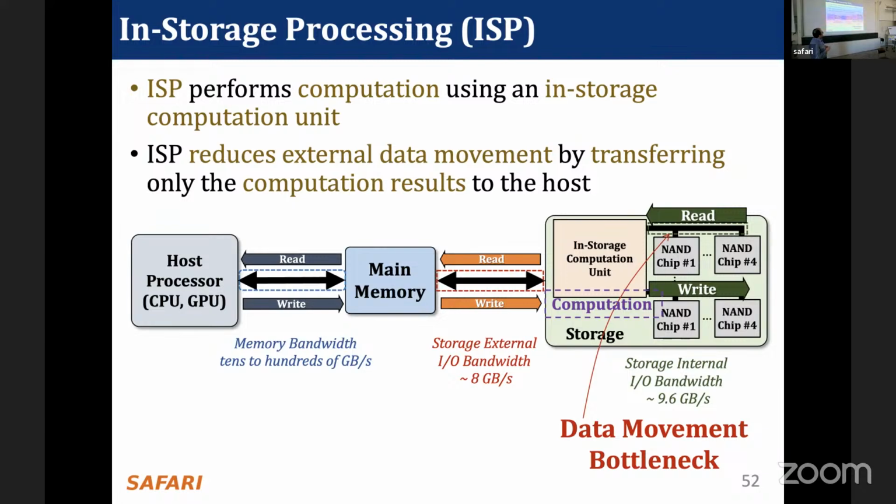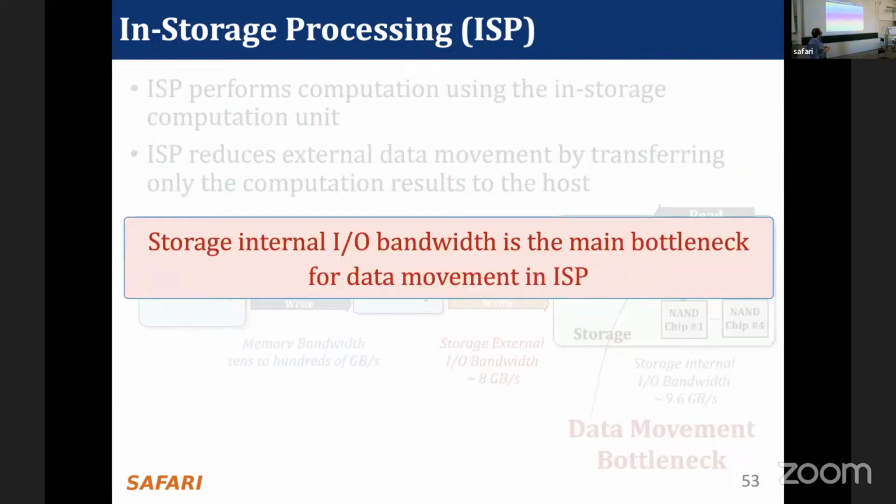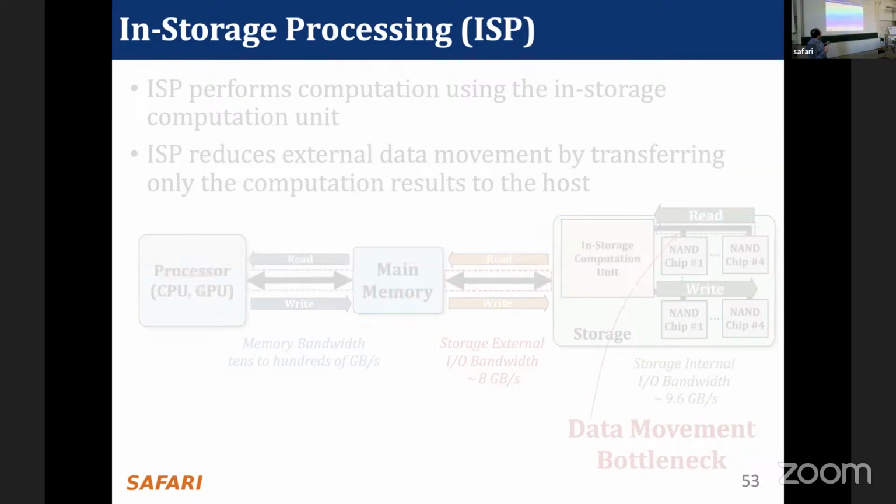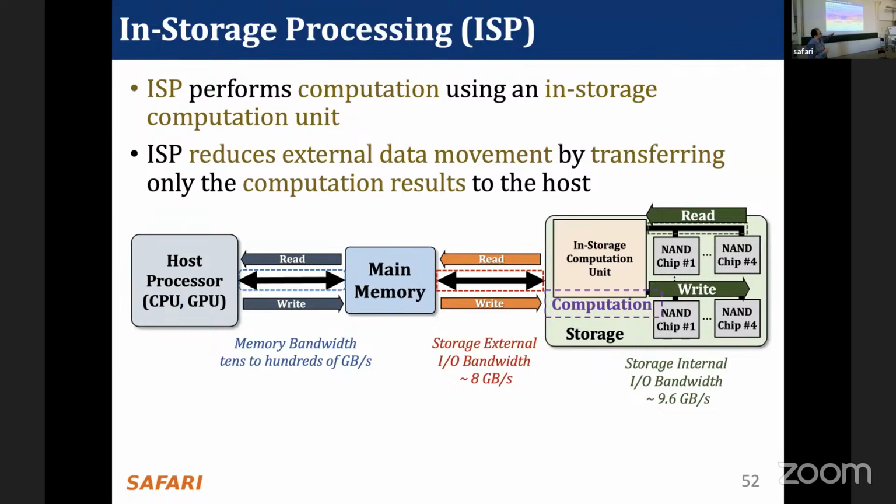But in the end, we are bottlenecked by that, and we want to do computation with much higher performance. So the storage internal I/O bandwidth is the main bottleneck for data movement in ISP. By ISP, we really mean the so-called near-flash processing that I mentioned, the second approach. But we will discuss it later.